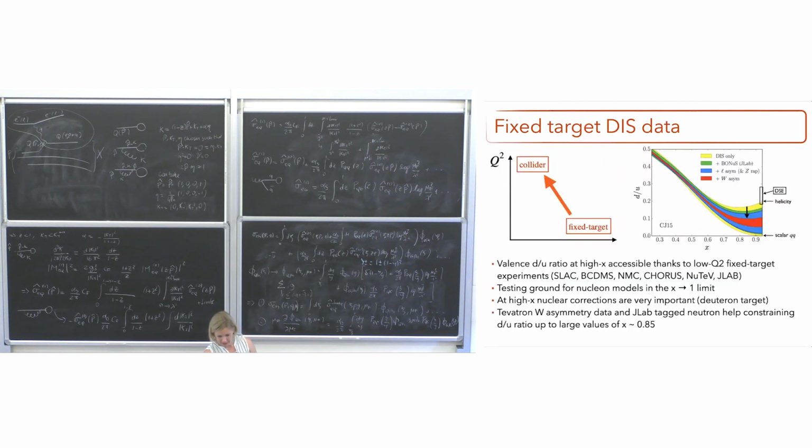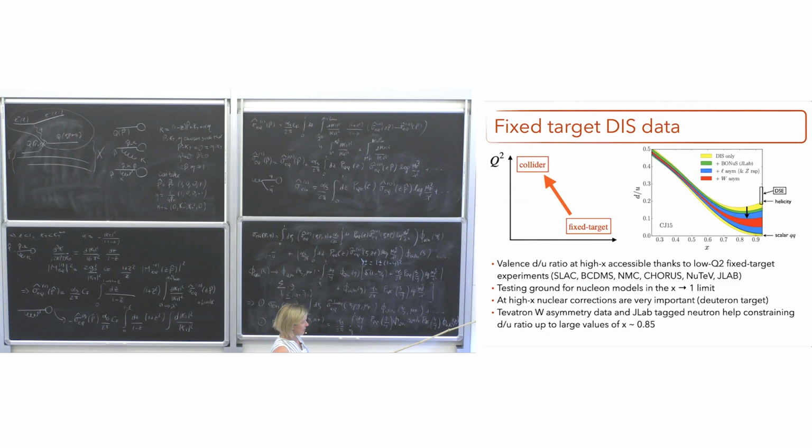And indeed, it also shows complementarity between the collider and the fixed target experiments. For example, at JLab they're doing really precise, modern measurements of these quantities.